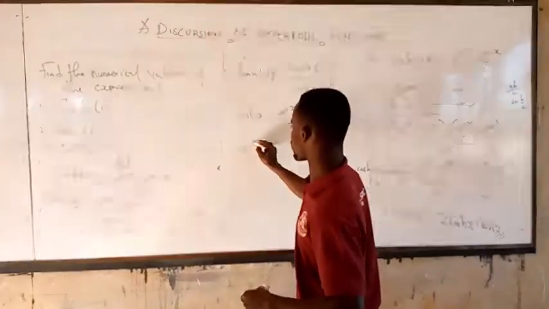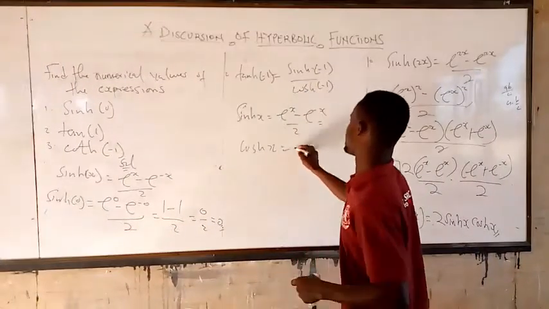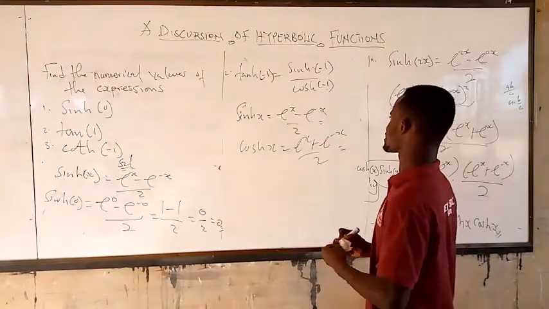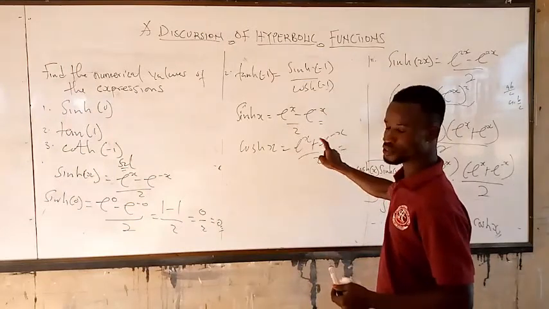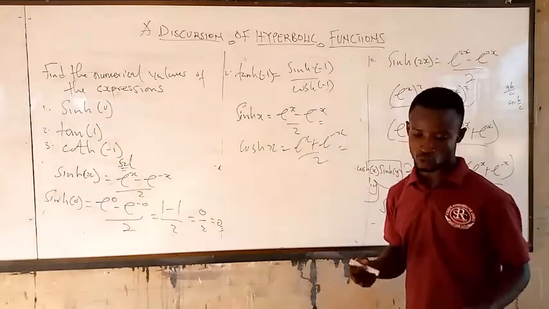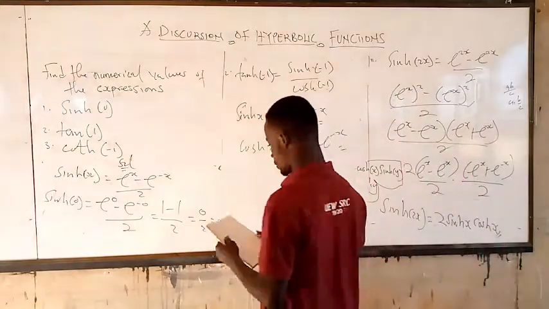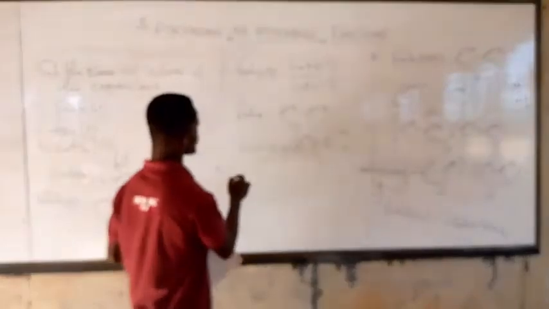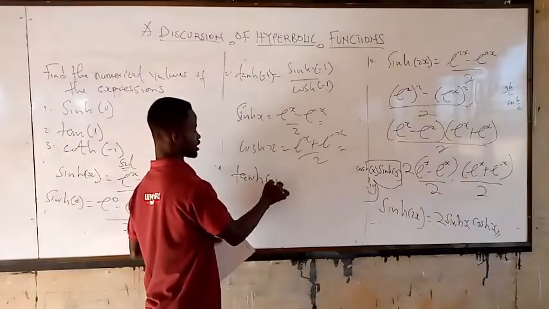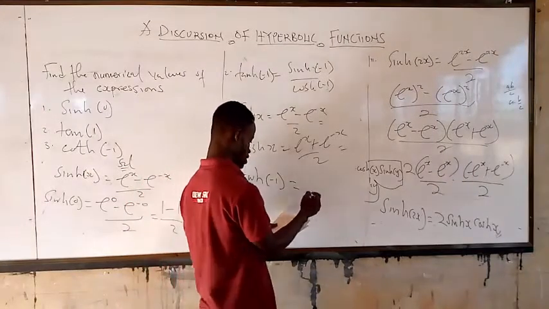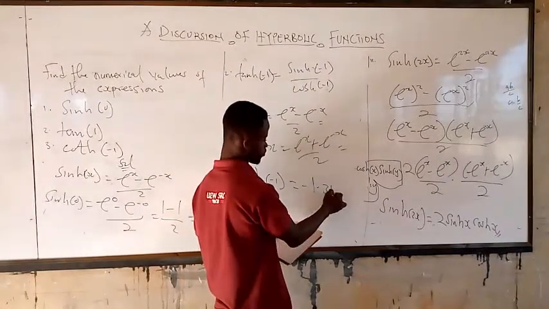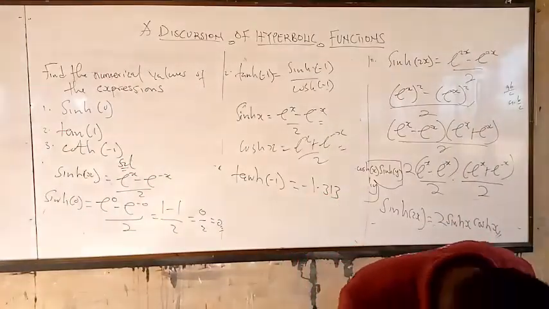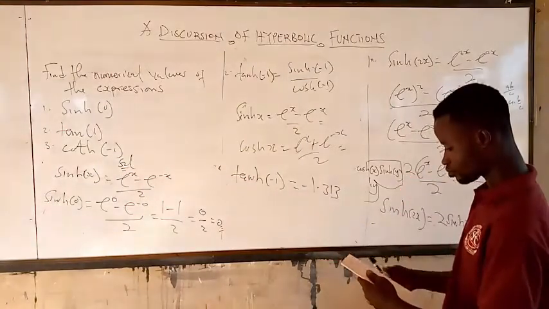And when you go for cosh S, e raised to the power S plus e raised to the power negative S, all this over 2, when you replace the value of S here by 1, what will you get? And family, when you do that, in all you are going to get the value of tanh -1 to be equal to -1.313. So that is what you are going to get for that.